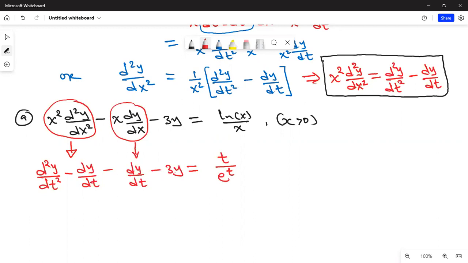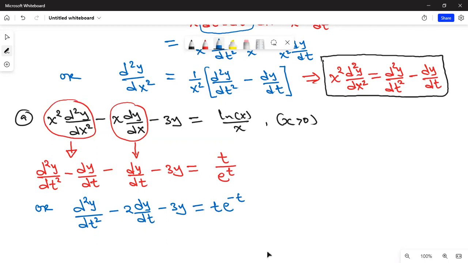Now let's simplify this one because I can see there are some like terms, so we are able to simplify. This can now be written as d squared y dt squared minus 2 dy dt minus 3y is equal to t times exponential negative t.